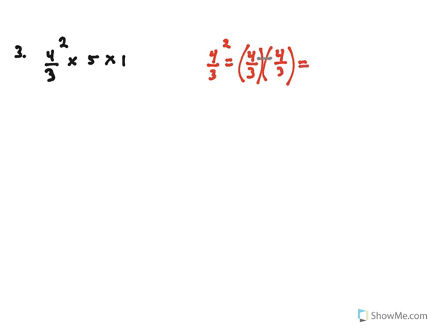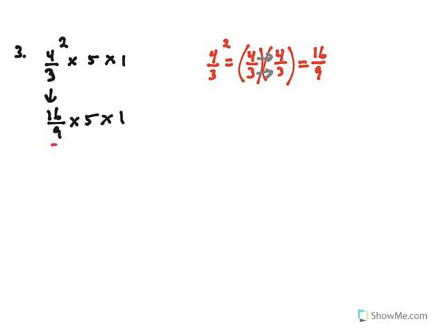Okay, and you would just multiply top to top, bottom to bottom. 4 times 4 is 16. 3 times 3 is 9. So we can go ahead and replace this with 16 over 9 times 5 times 1.